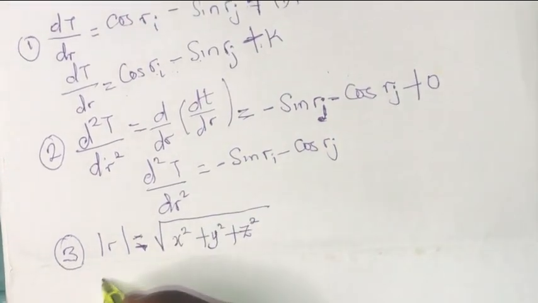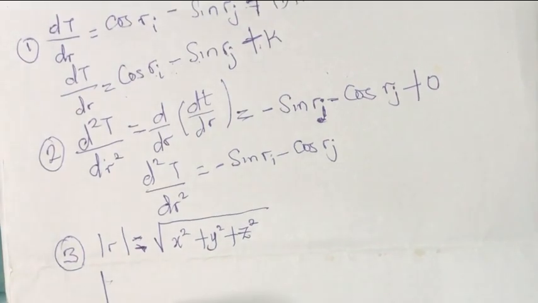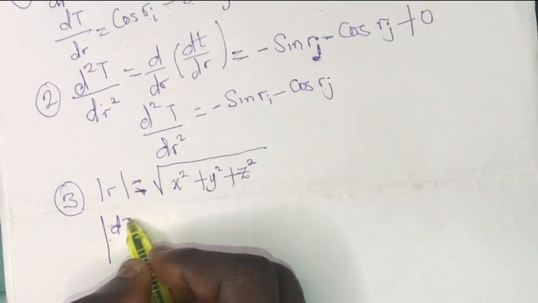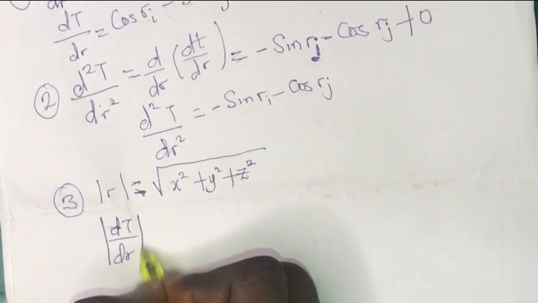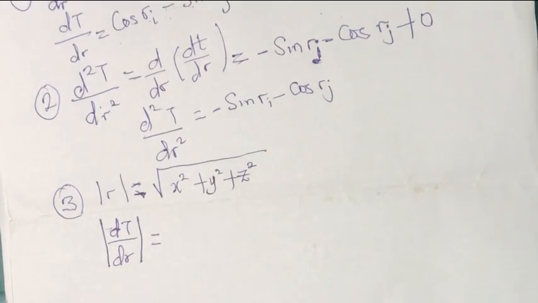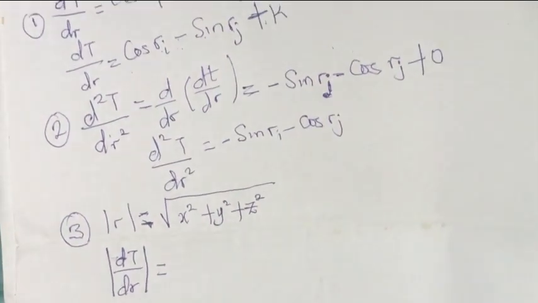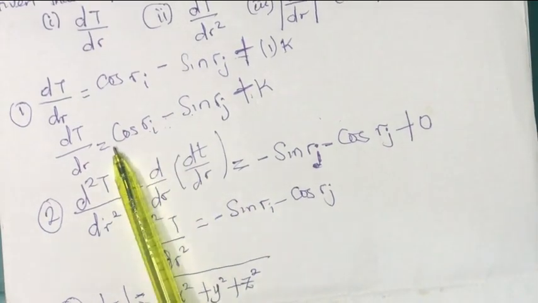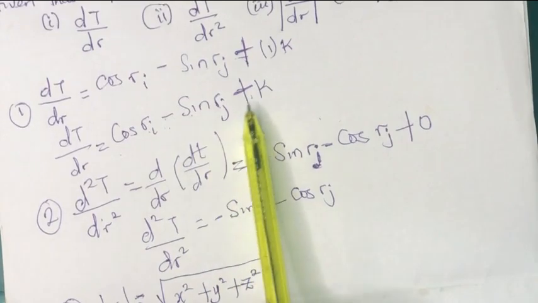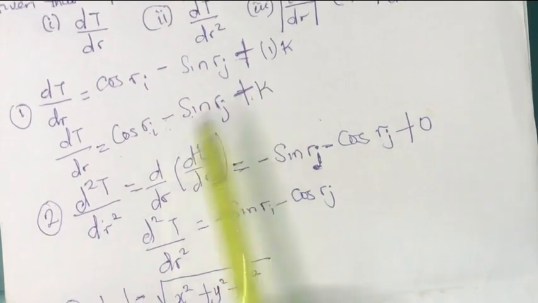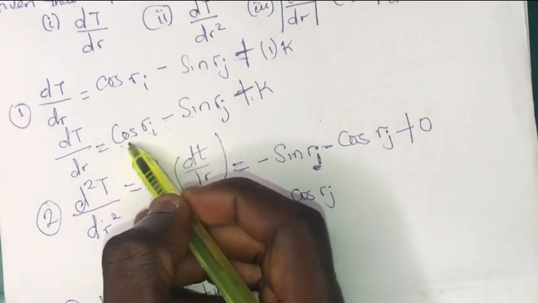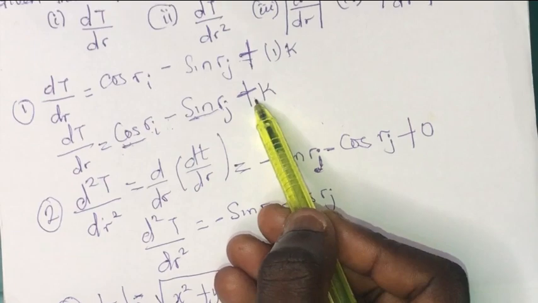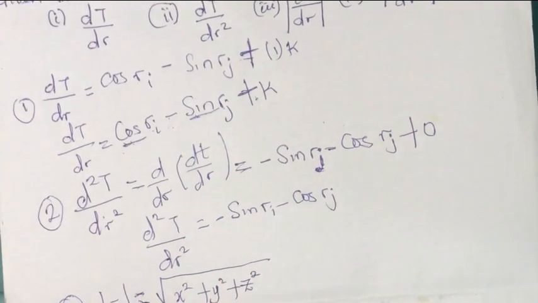So here, to find the modulus, the absolute value of dr/dt, we have cos t i minus sin t j and 1. So here your x is cos t, your y is minus sin t, and your z is 1. So this will become the square root.